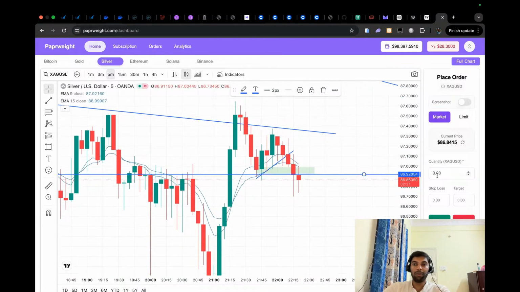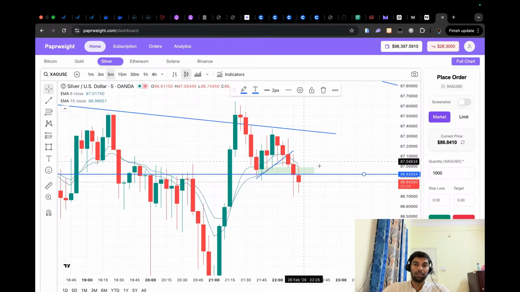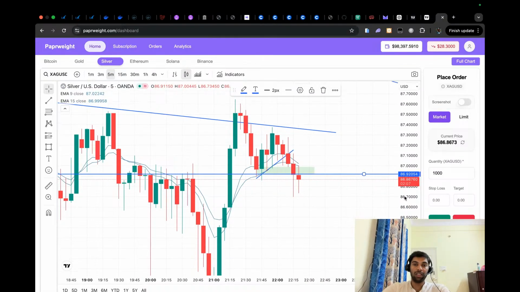Now I am pretty much bearish in this trade, but gold is something that is stopping me from punching the trade in the downward direction.